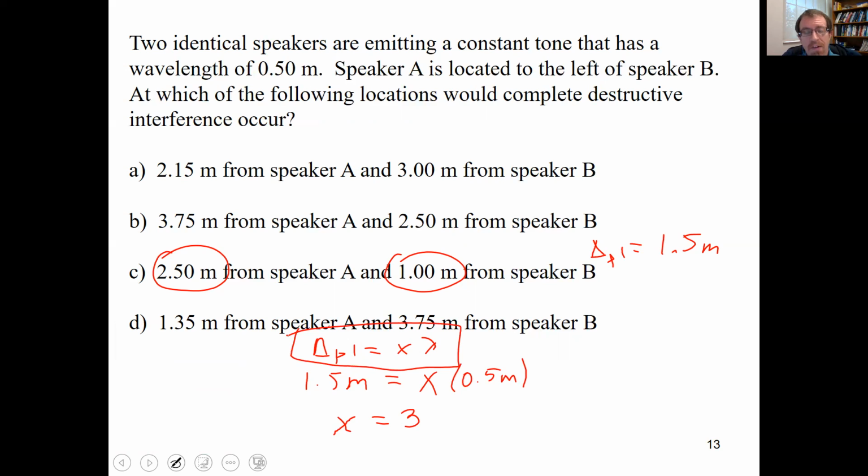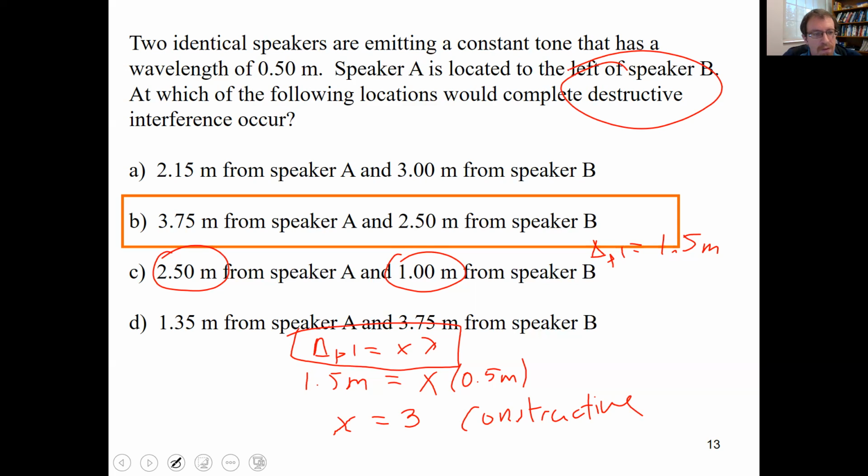And if I've got X as an integer, that means I have constructive interference and I would hear a loud noise. So C is actually a point of constructive interference. That's an interesting point as well. For this particular problem, we were looking for the point that provides destructive interference. So that's choice B. All right, that does it for this one.